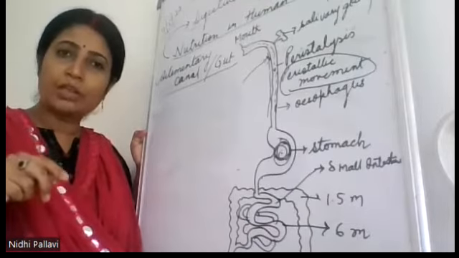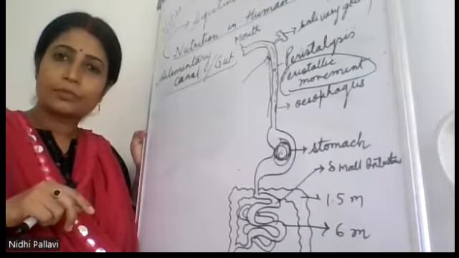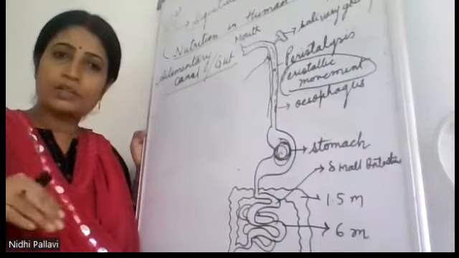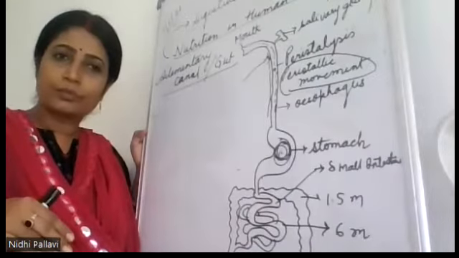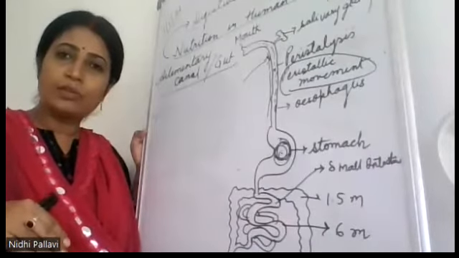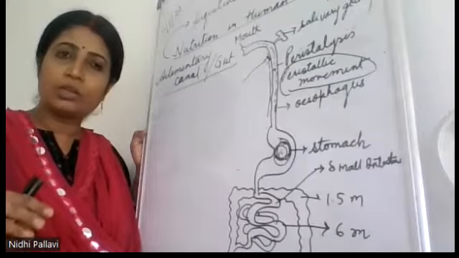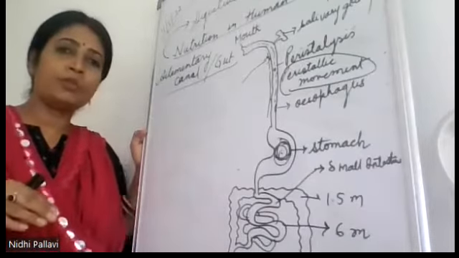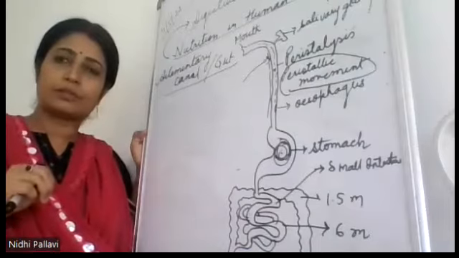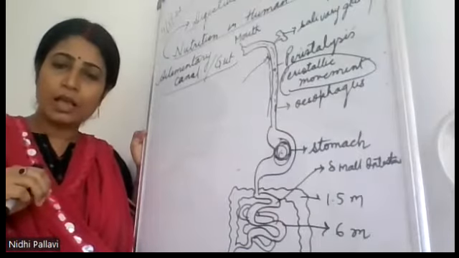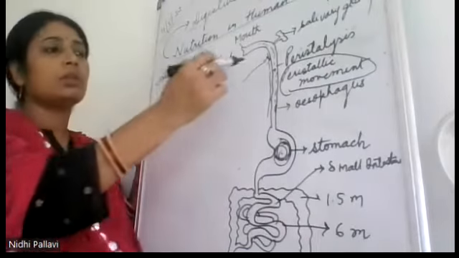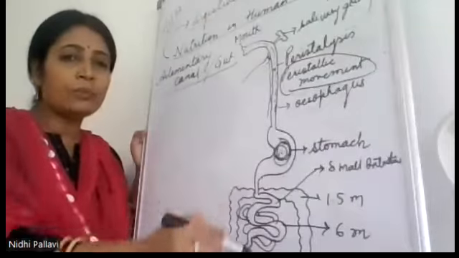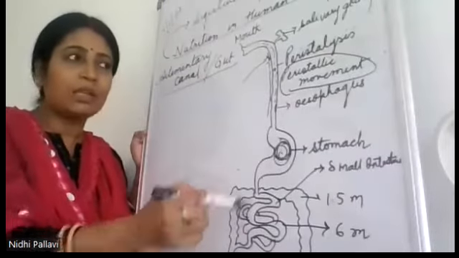Or protein we are taking, milk we are taking, and it gets digested very easily. And so that's why we feel very hungry during the fast. But this doesn't happen when we eat our normal food, which includes carbohydrates.